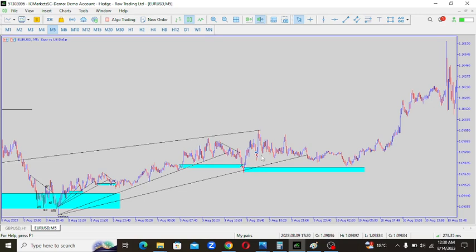Imagine if I was able to catch this one and this one. 1:50, 1:70, and these three, which means I will have made 1:67.